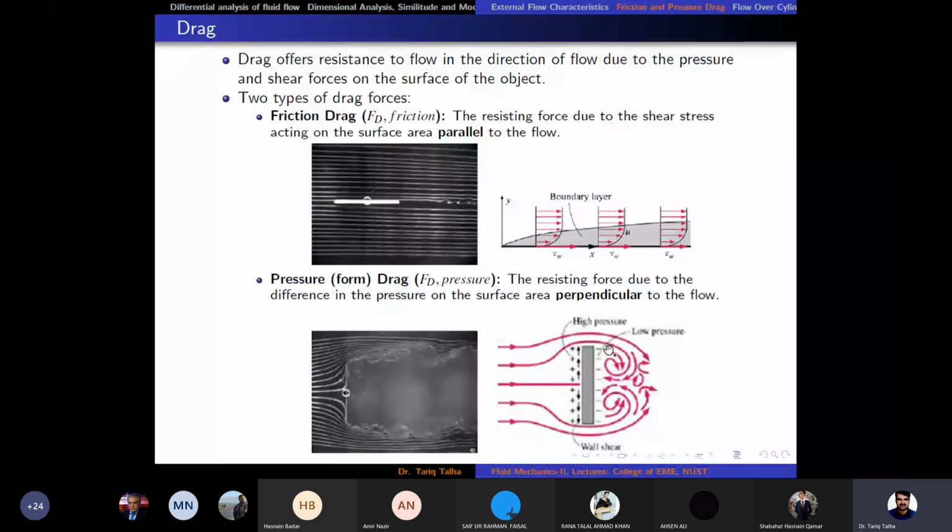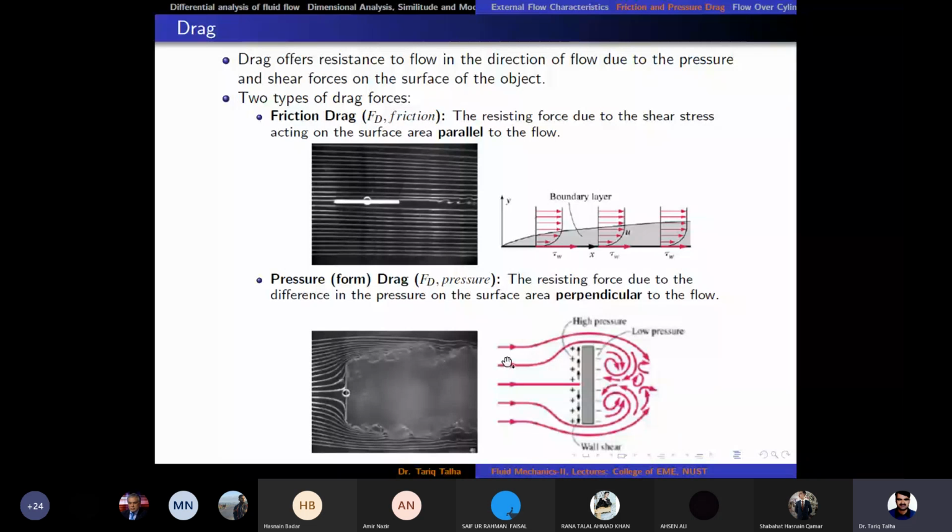So on the front side we have got stagnation points, a high pressure region, and a low pressure region due to flow separation. This difference in pressure gives rise to a net force acting in the positive x direction.